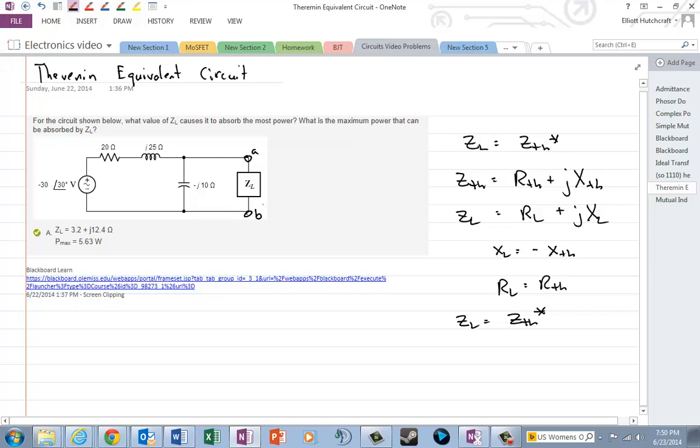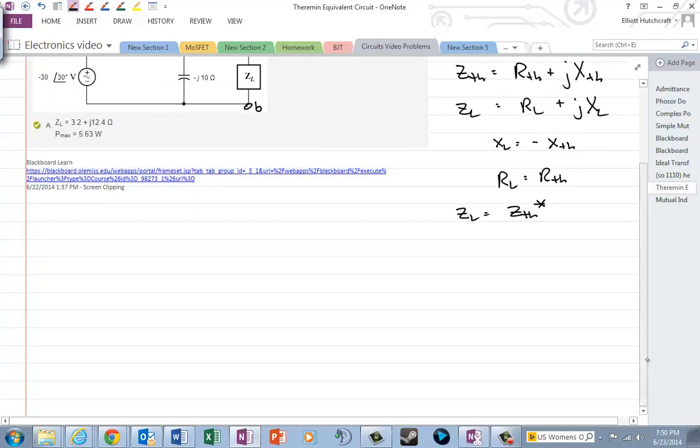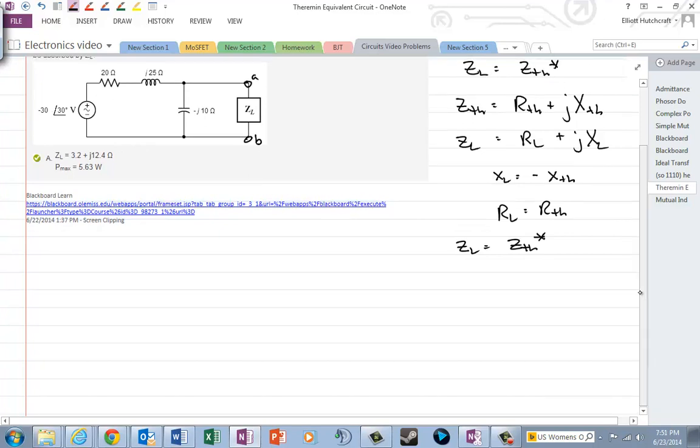Okay, well, if we want to do this, we can do it the same type of way that we did before. Let's say maybe the first thing I want to do is find V open circuit. So if I'm doing that, I need to set up my circuit. I'll have minus 30, angle 30 here. Here's 20.